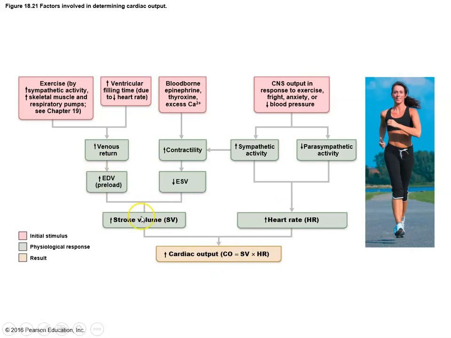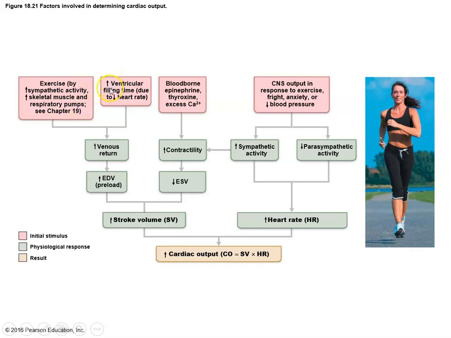On the other side here, if we want to increase stroke volume, we can look at some of these formulas here, and basically it gets complicated, but you can do that by exercise, increasing skeletal muscle use, increasing breathing rate with respiratory pump.